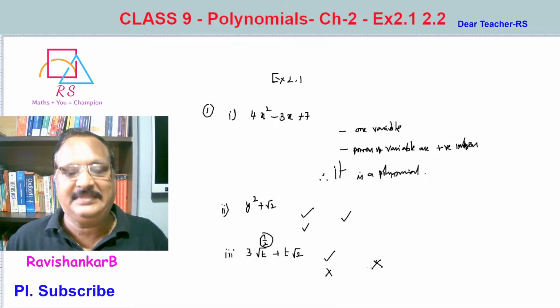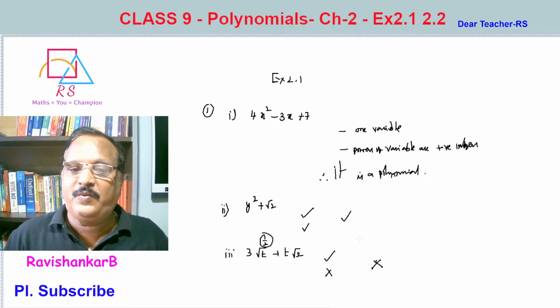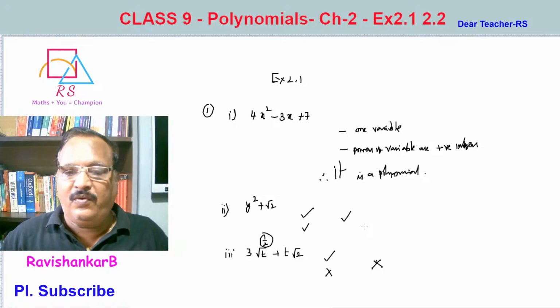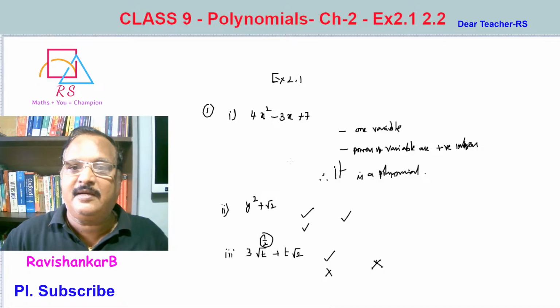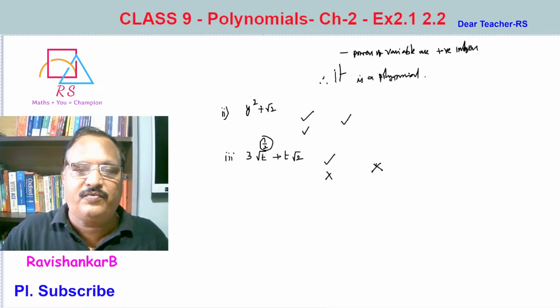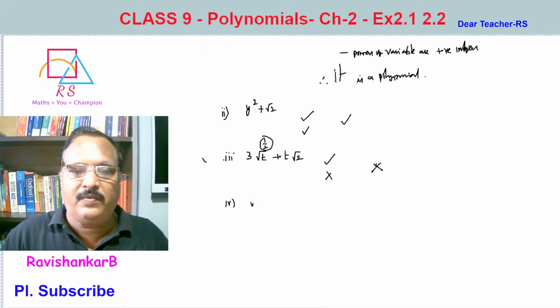Now the fourth bit: y plus 2 upon y. It is not in the standard form, so you have to bring it to the standard form.